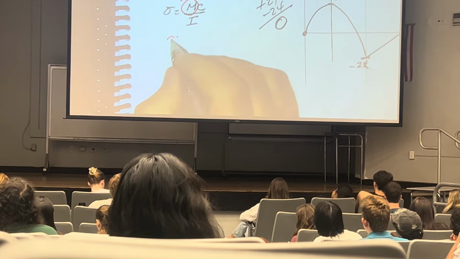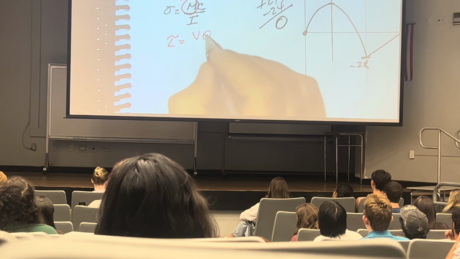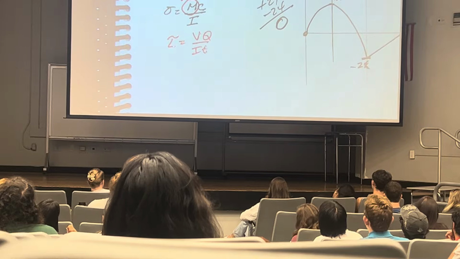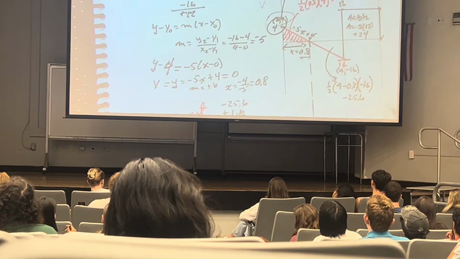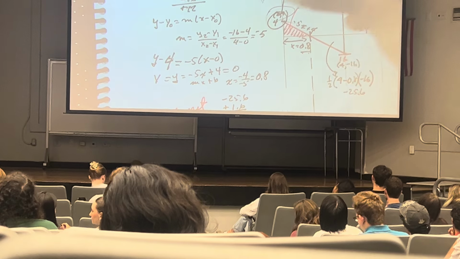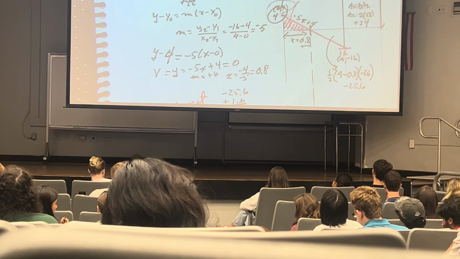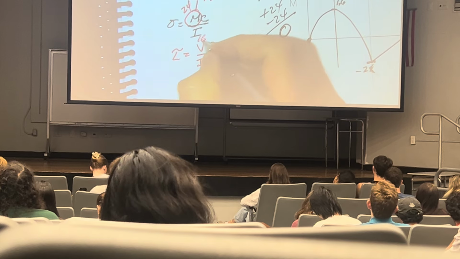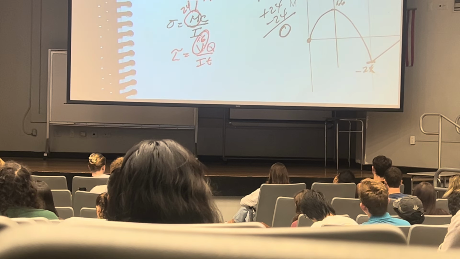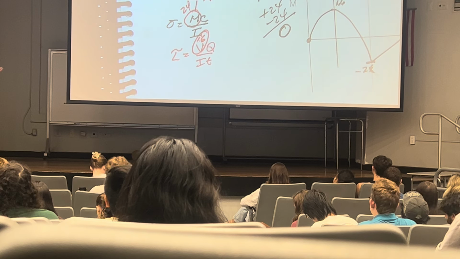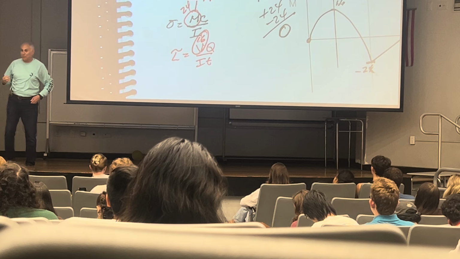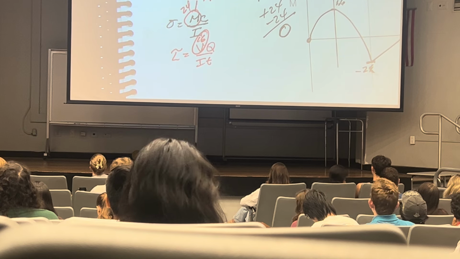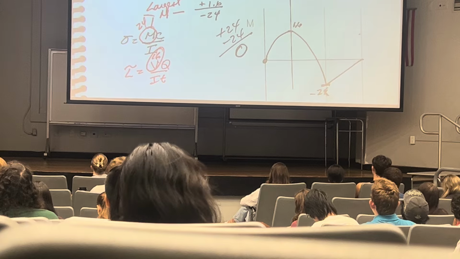I know from the next class, VQ over It is the shear stress. I look up here, what's the largest shear? It's 16. So this has to be 16 for the largest shear. That's why I'm drawing a shear and bending moment diagram. I'm not doing it at a particular point because it might not be the largest.